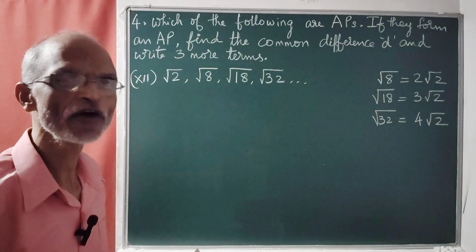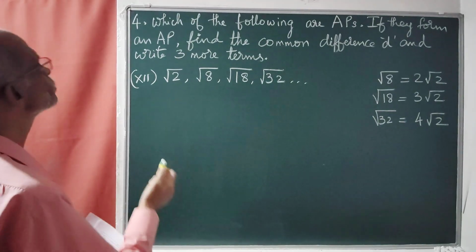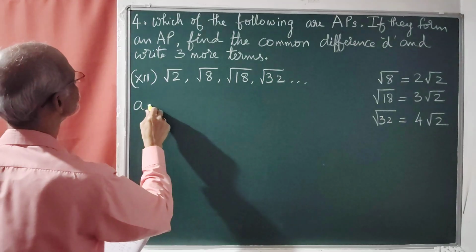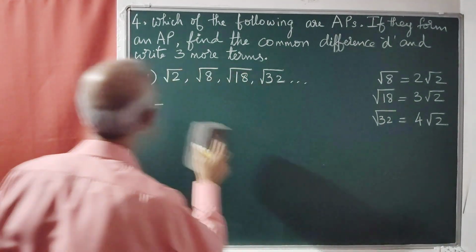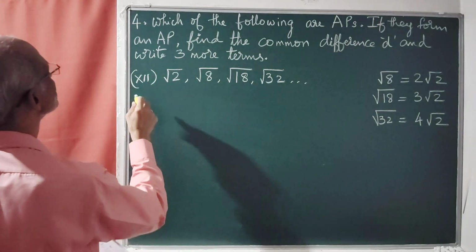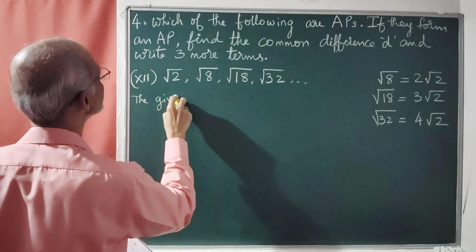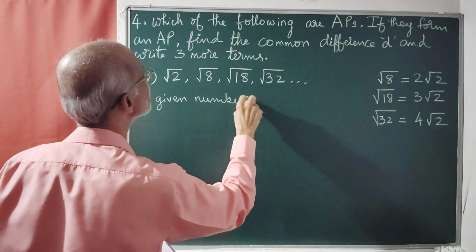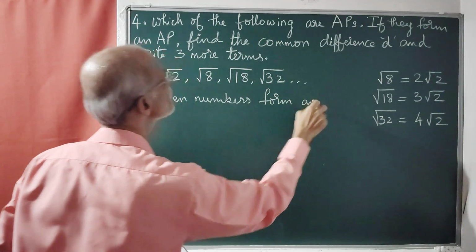Now we need to find the next 3 terms. First we'll write it here: the given numbers form an AP.